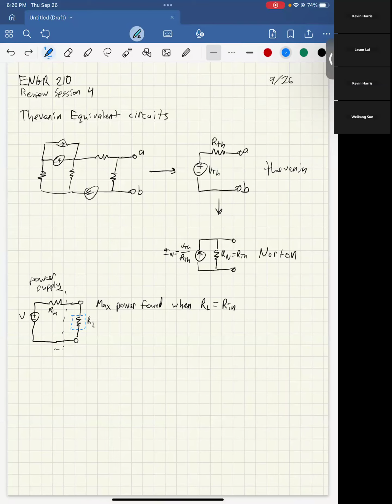P max equals VTH squared over 4 RL, which, as I said earlier, is VTH squared over 4 RTH, or RN, depending on how you're looking at it. Okay, I'll do a maximum power transfer problem for you in a bit.